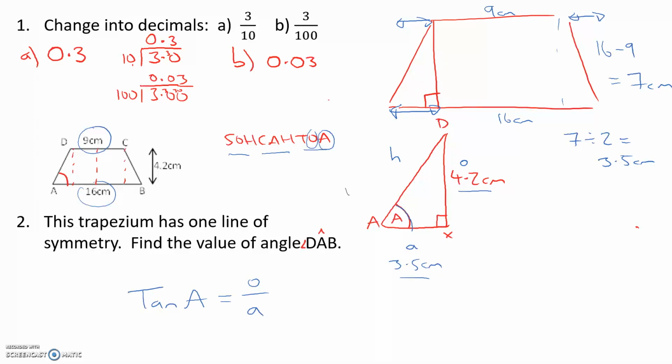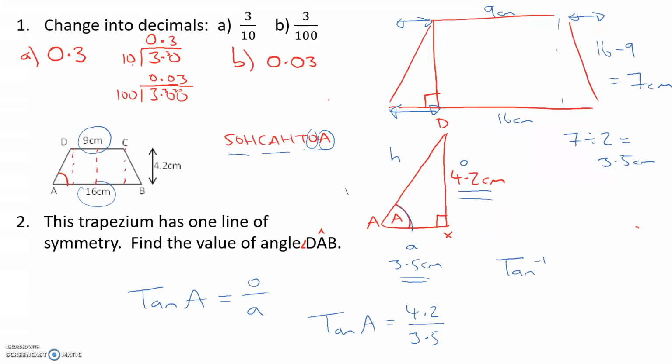So tan of angle A is equal to, what's the opposite? Oh, it's 4.2. What's the adjacent? Oh, it's 3.5. So the tangent of angle A is equal to 4.2 divided by 3.5. How do we get angle A? Well, we need to do inverse tan.